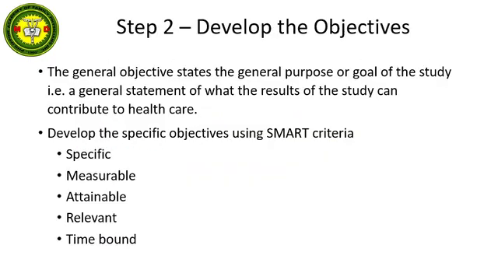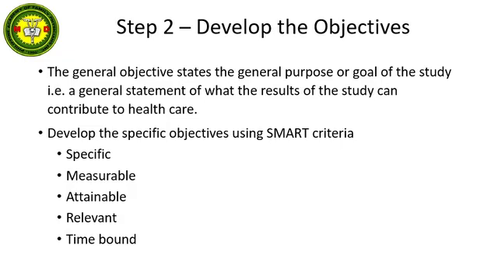All right, so if that is now our problem, is anemia during prenatal checkup a risk factor for the development of postpartum hemorrhage, then you now develop your objectives. When you develop your objectives, they have to be specific, measurable, attainable, relevant, and time-bound. So, SMART criteria in developing the objective.